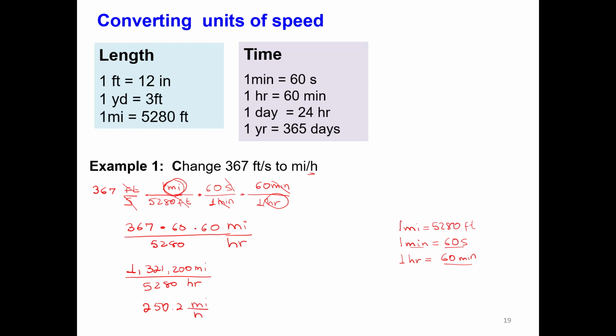Now we can write the answer: 367 feet per second equals 250.2 miles per hour. And this is high speed, yes, because the speed on the highway is about 60 miles per hour. This one is 250. This is the answer.